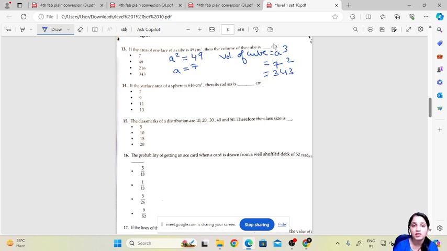If the surface area of a sphere is 616 centimeter square, then its radius is dash centimeter. Okay, the surface area of a sphere is 4 pi r square, which is 616. 4 into pi is 22 upon 7 into r square, we need to find. So 616 into 7 upon 4 into 22.